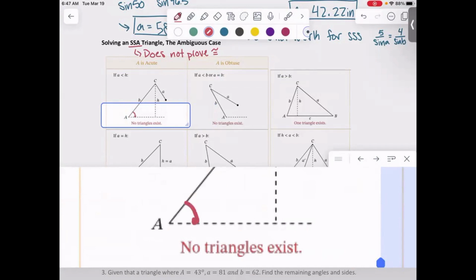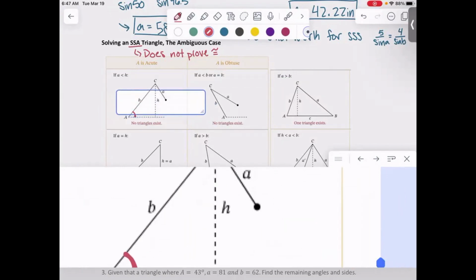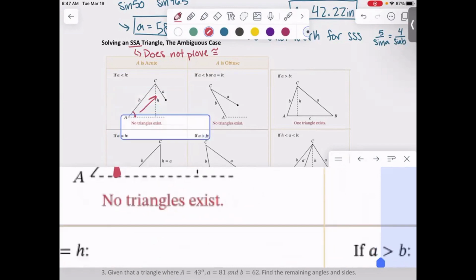So it can give me this angle here, which is fine. But if it's an acute angle, then A is going to be a shorter side, right? Because the length of a side is comparable to the size of my angle. So if the height of my triangle is larger than the length of A, then my triangle will not exist, because that A will not make it down to point B, basically.